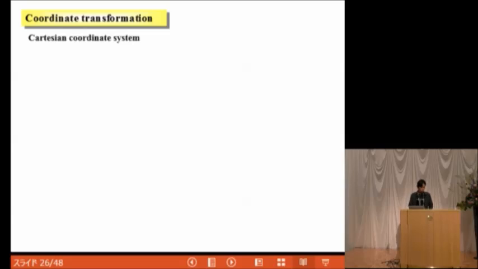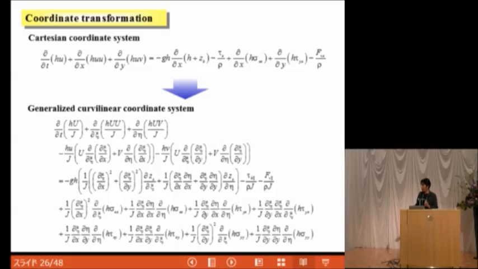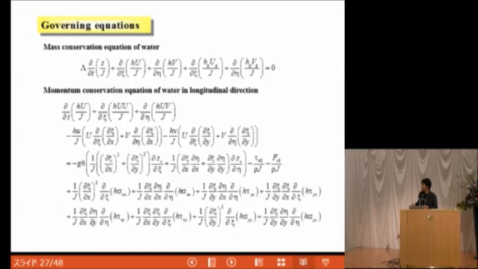To perform the calculation of the real river, we would like to use a boundary-fitted numerical analysis grid. The equations are written in the generalized curvilinear coordinate system, like this. It looks very complex, but the basic characteristics of the equation are the same as the original one. It's a shallow water flow equation. In the mass conservation equation of the water, we also consider the seepage flow here.